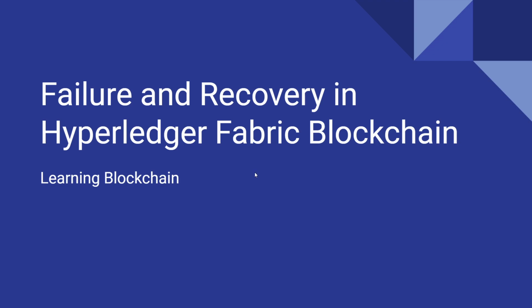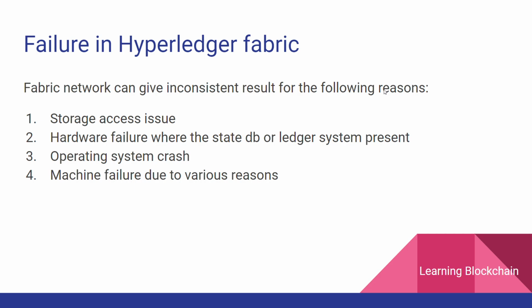So let's start. Let us move to the first slide. There can be different scenarios in Hyperledger Fabric where a peer can fail or crash inside our system. So the Fabric network can give inconsistent results for various reasons, like a storage access issue.